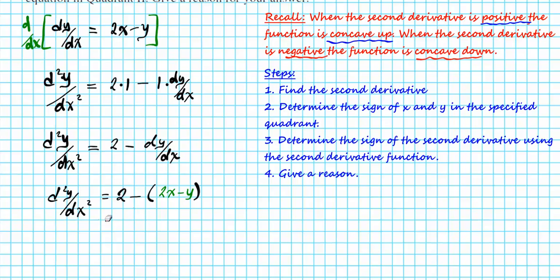And then we're going to distribute. Now, whenever you have a minus and you're carrying out the substitution, you want to proceed with caution because minus inverts signs. Okay? So final answer, d²y/dx² is equal to 2 minus 2x plus y. Okay?